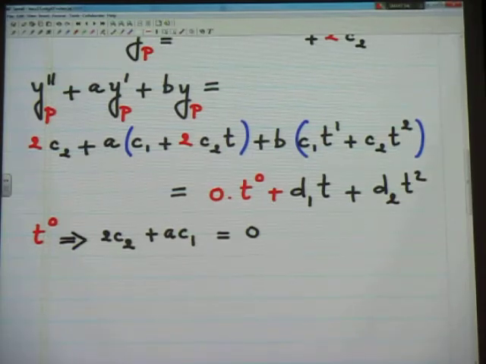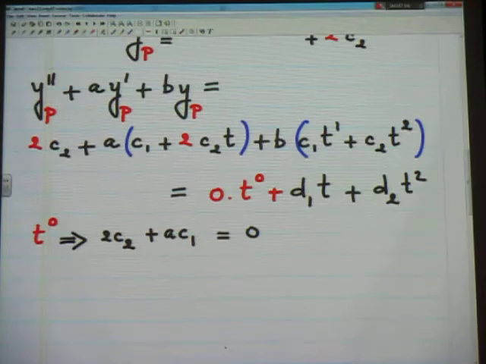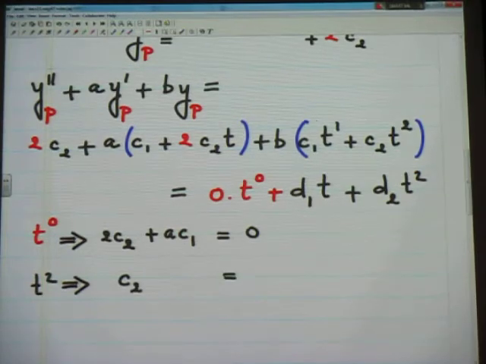Okay, and now for the t squared term, you have C2 on the left, and on the right you would have B2.